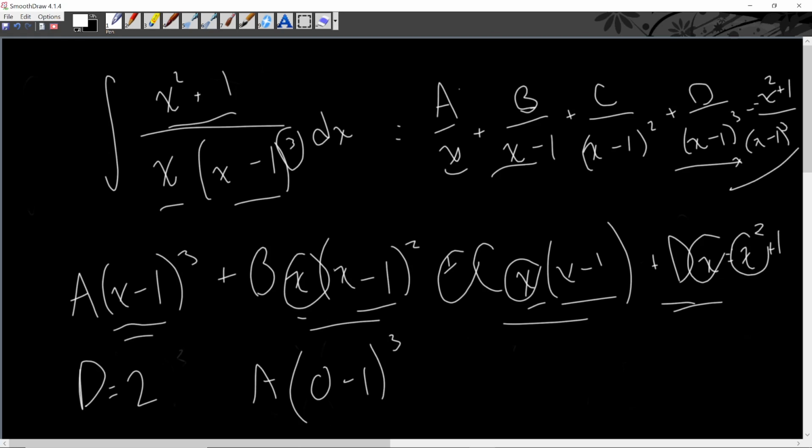But b times 0 is going to be 0, and plus c times 0 minus 1, so 0, plus d times 0, 0, equals 0 squared plus 1. And now when we plug in 0 minus 1, we get negative 1. Negative 1 cubed is negative 1. So we have negative a is equal to positive 1, so we have a equals negative 1.